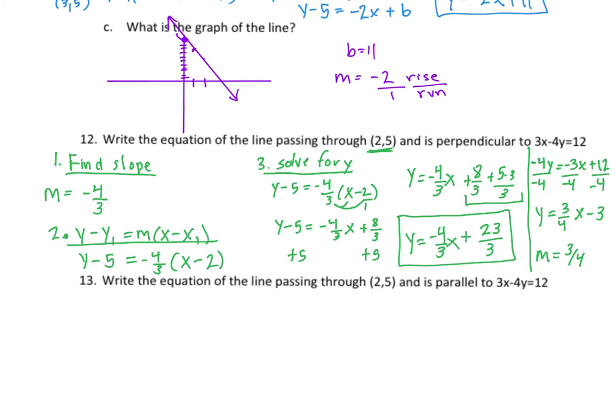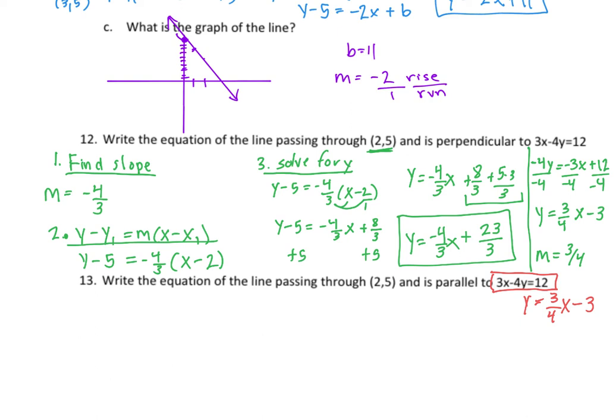Okay, question 13 kind of follows along with question 12. It asks pretty much the same question using the same numbers and everything, but instead of a perpendicular line, we're looking for a parallel line. So, same thing here. We found that the equation of 3x minus 4y equals 12 in slope-intercept form was 3/4 x minus 2.